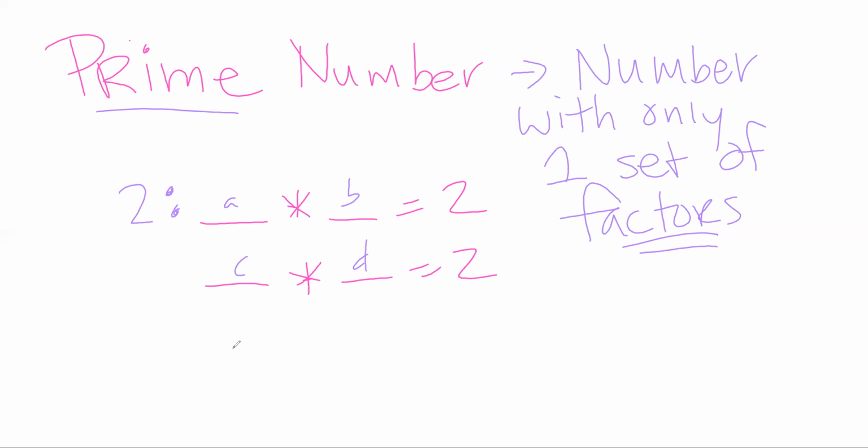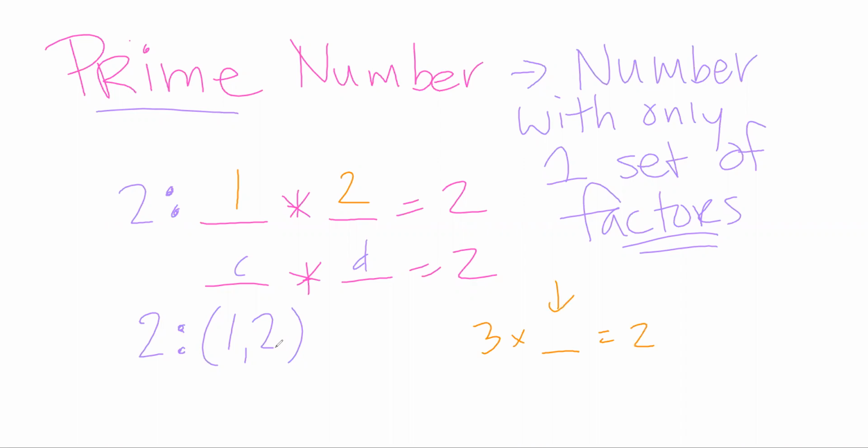Well, as we've said before, every number has one set, 1 times 2. 1 times 2 equals 2, right? That's one set.